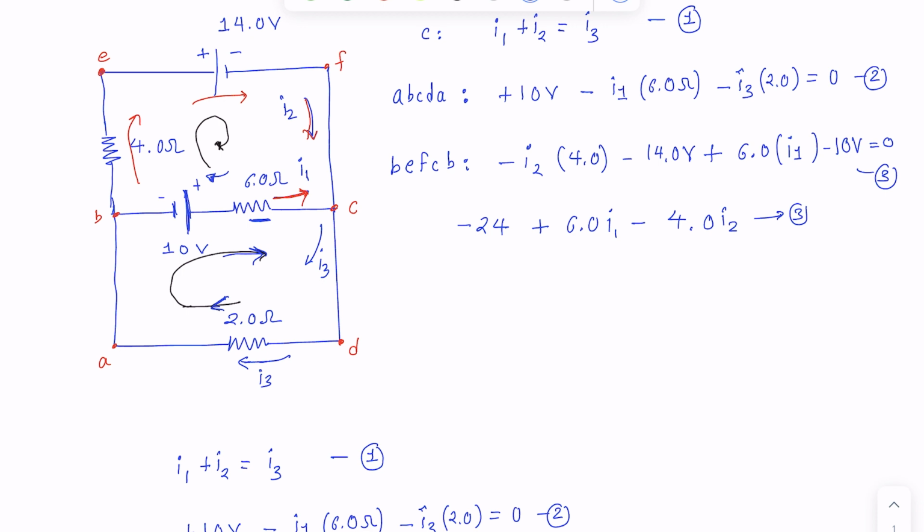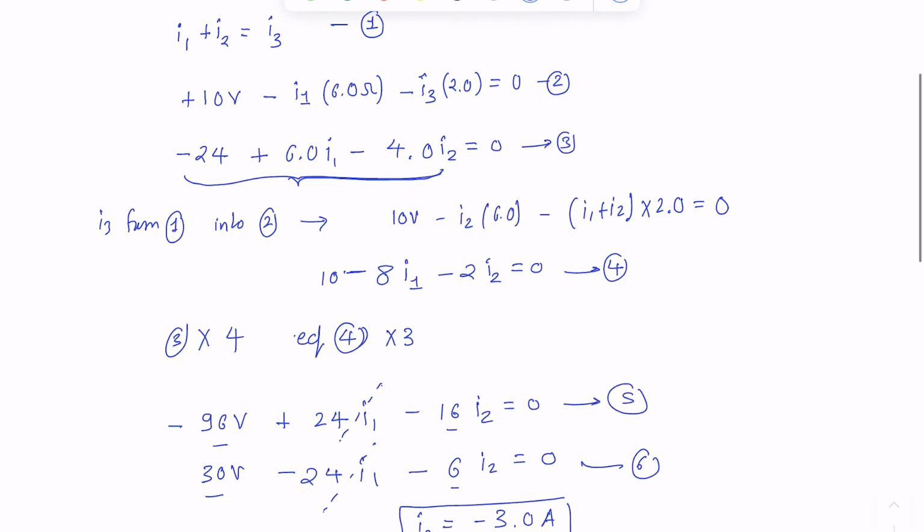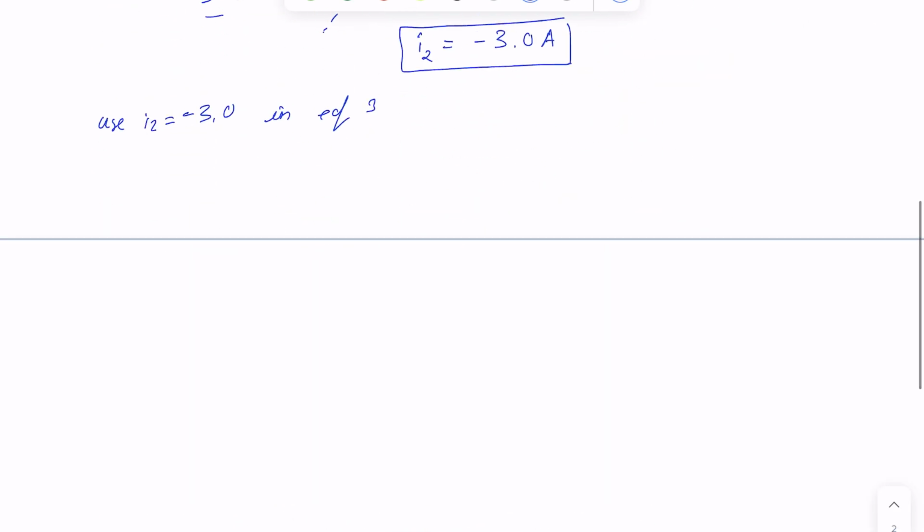So now we've got this, right? Look at this equation right here, equation 3. In this equation, if you know either of I1 or I2, you can find the other one. I just calculated I2, so I use I2 equals minus 3.0 in equation number 3 to get I1.